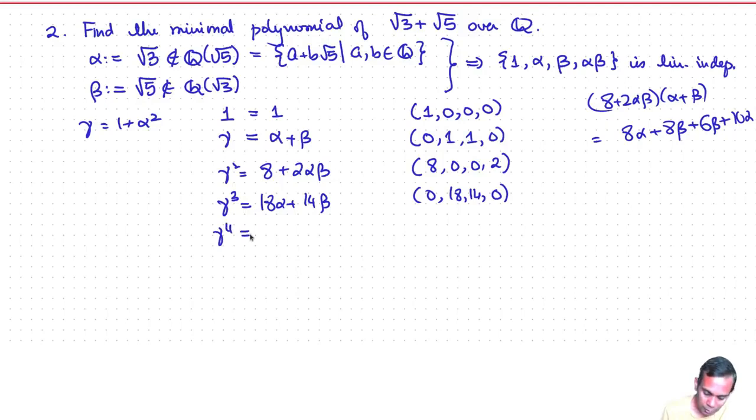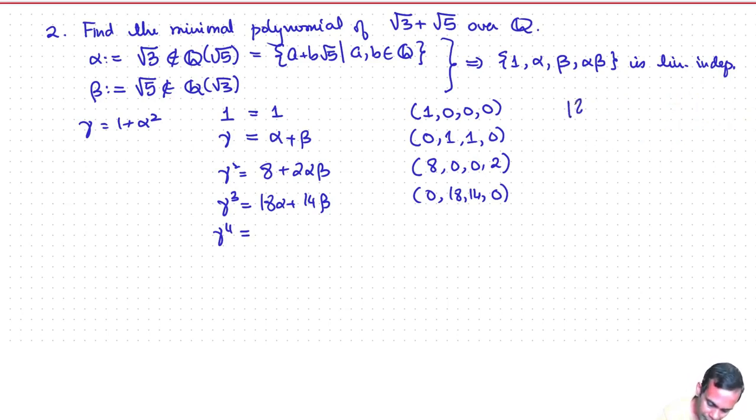What about gamma to the power 4? So we have 18 alpha plus 14 beta. Let's just use this space here to do the calculation. 18 alpha plus 14 beta into alpha plus beta.